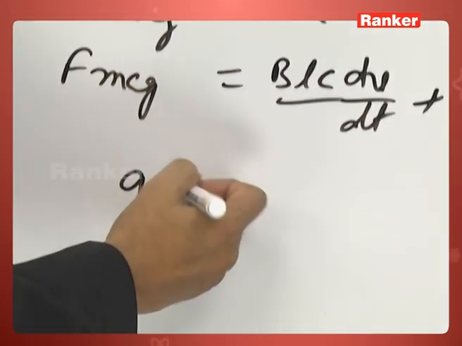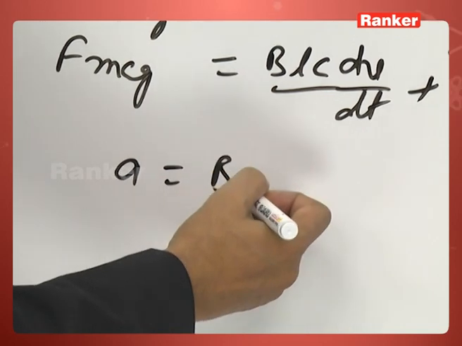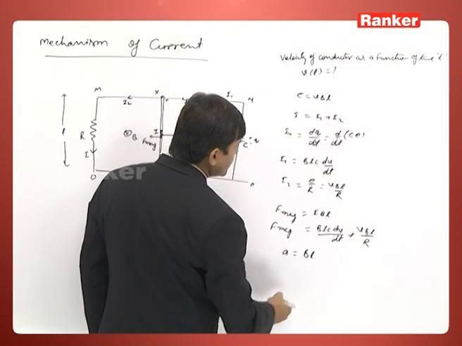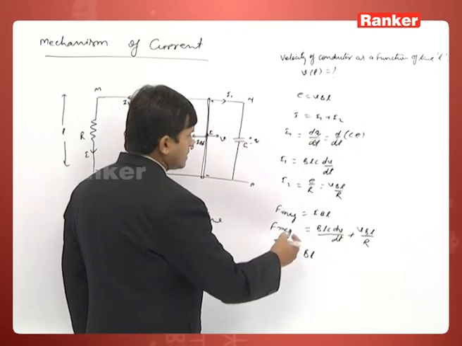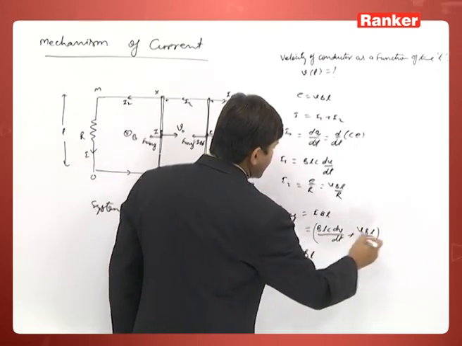So for acceleration, BL we can take common, and this is I into BL.